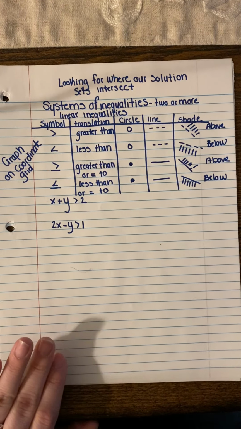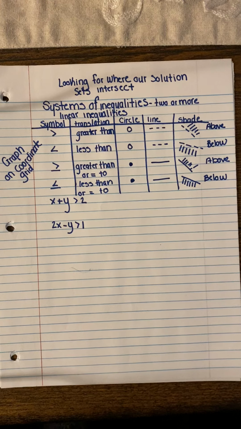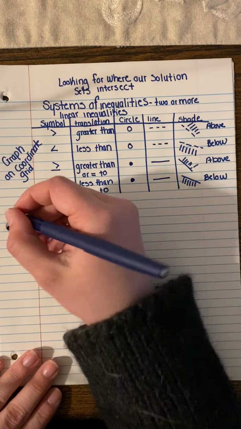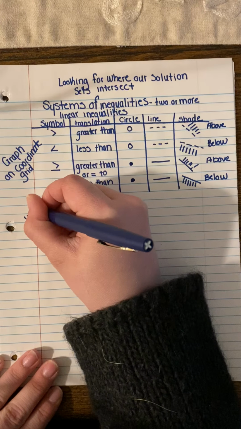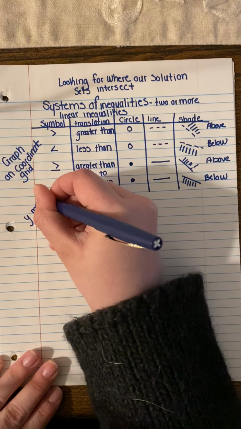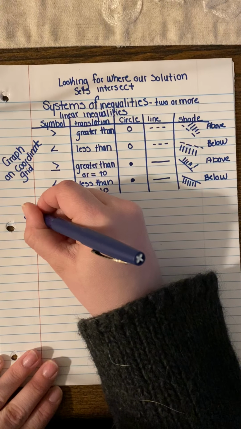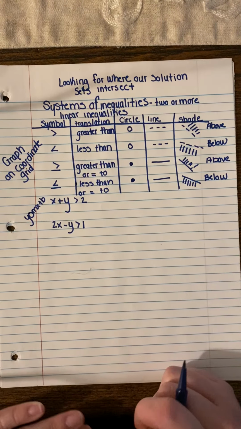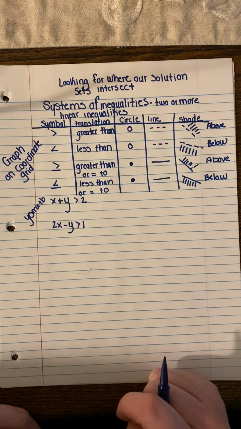Based on how they look right now, we cannot graph them, okay? We cannot graph them because we need our inequality to be in the form y, with whatever symbol, mx plus b, okay? So to do that, we need to rewrite these inequalities.